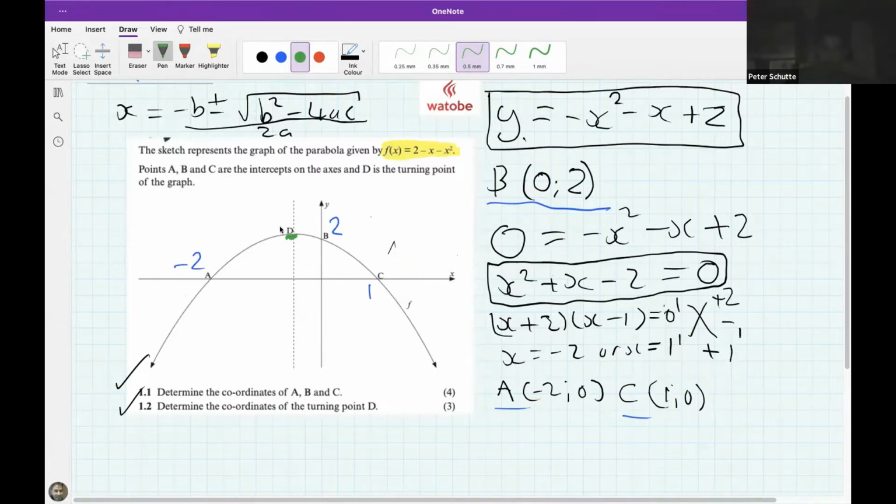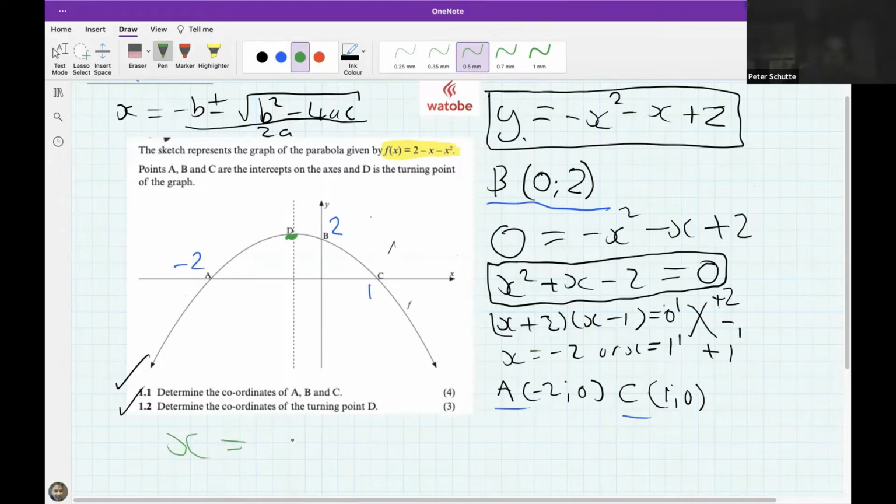So the turning point, I'll give you this hint, the turning point will always be halfway between the two roots. So halfway between -2 and 1. -2a is what you used. Okay, so Dawn said, I need to find, now the important bit is that it is in standard form.